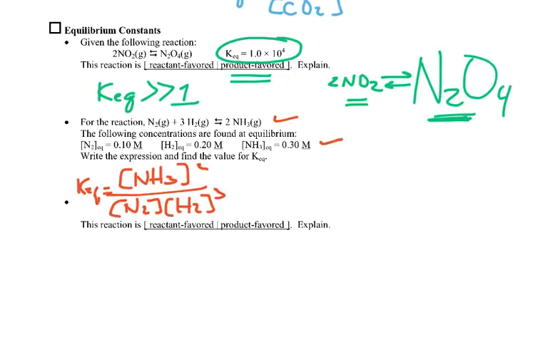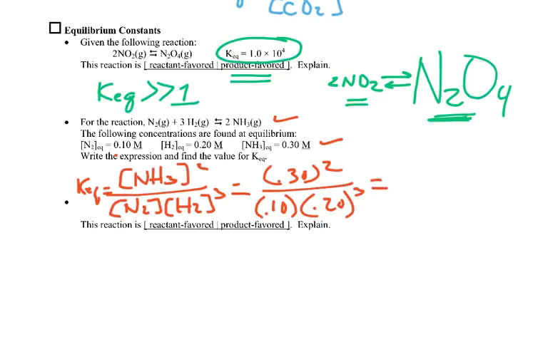So that's our expression. Now we're going to substitute in the numbers. For NH3 it's 0.30, and don't forget to square it, that's a molarity, over N2 which is 0.10, to the first power, and H2 is 0.20, and that value is cubed.